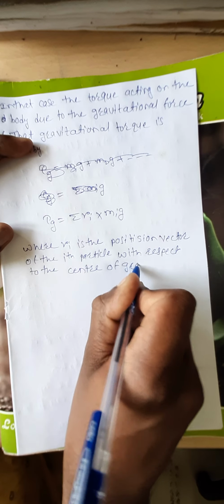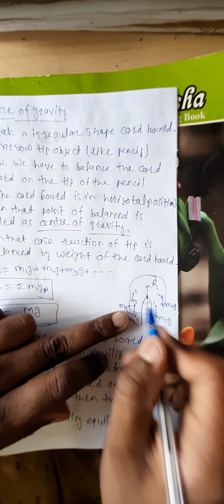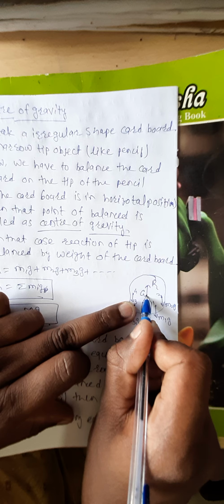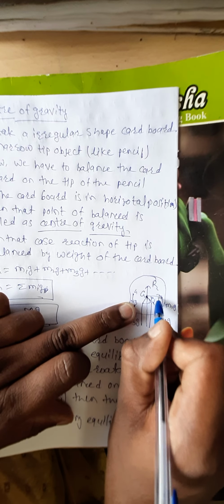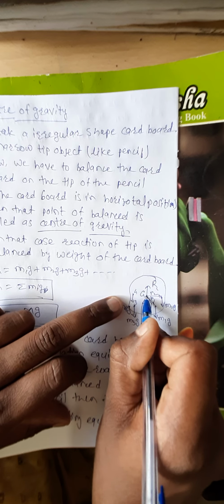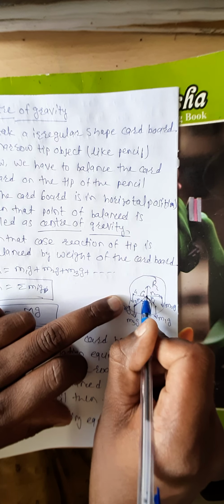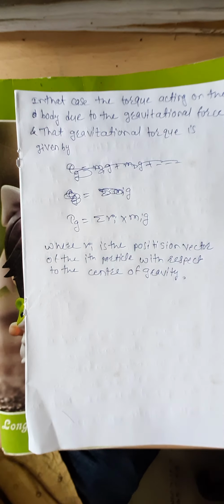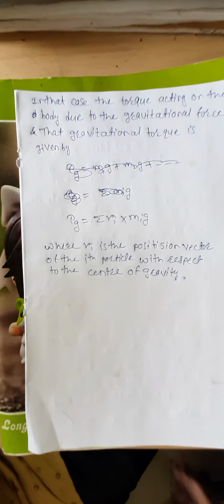Now this is the center of gravity G. From this G to this is R1, from here to here is R2, from the center of gravity to point 3 is R3, and from the center of gravity to point 4 is R4. Therefore Ri is the position vector from the center of gravity to that point.